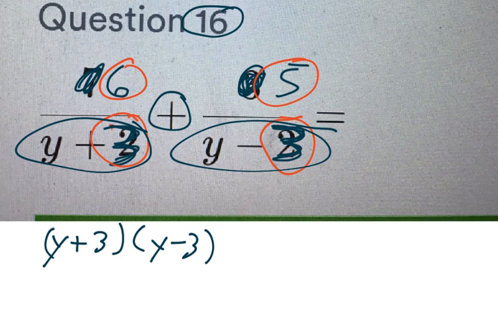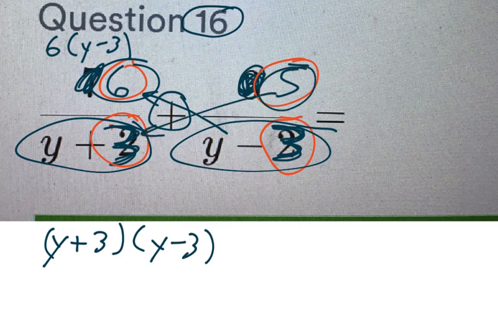Again, how do you find a common denominator? You times the denominators together. So what that means is this 6, I'm going to distribute with y minus 3. I'm basically going to do 6 times y minus 3. The 5 is going to times with the y plus 3, so I'm going to do 5 times y plus 3.